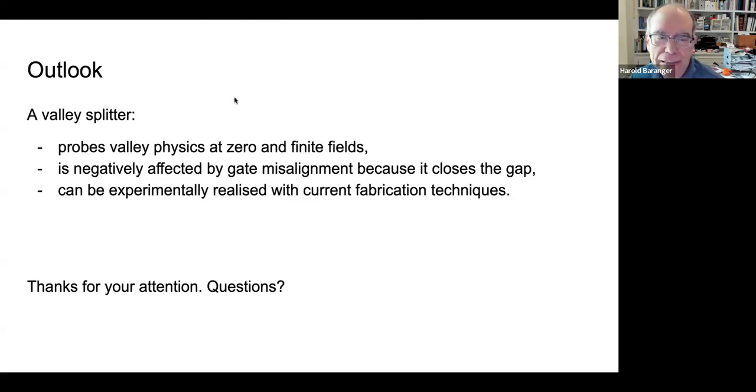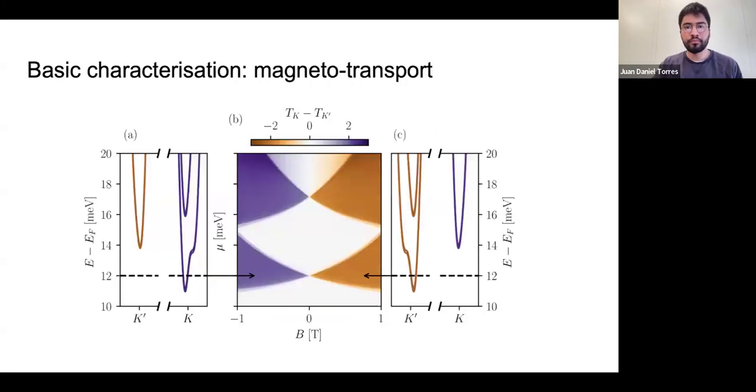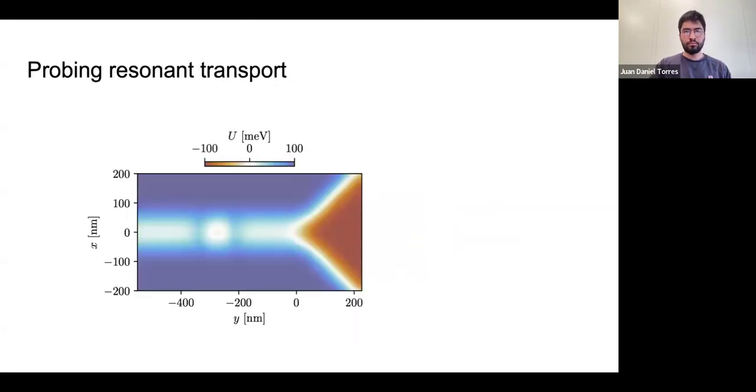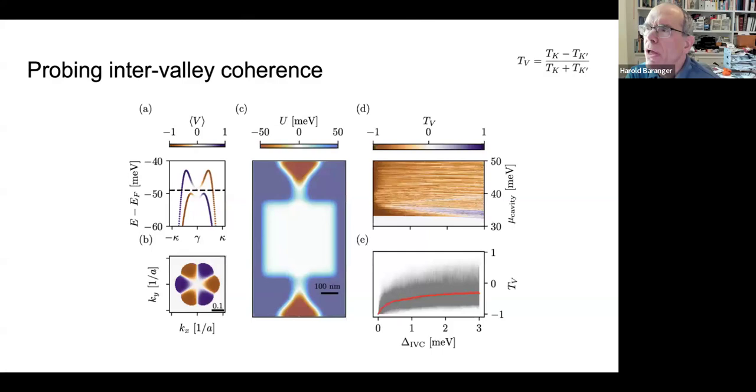On your slide titled Probing Intervalley Coherence, before you started talking about the limitations, in panel D, I was just surprised that there wasn't more gray area.